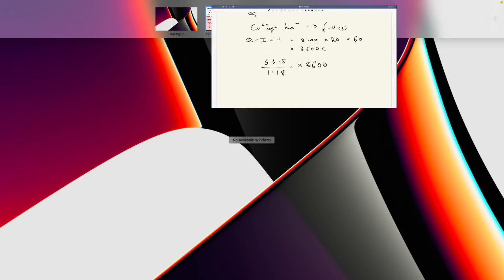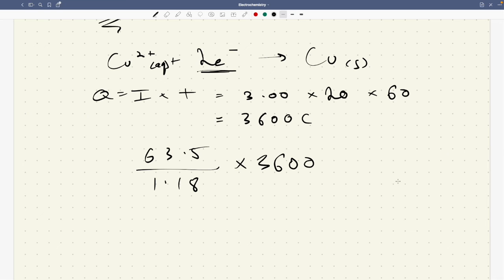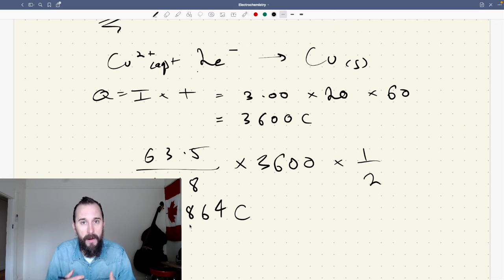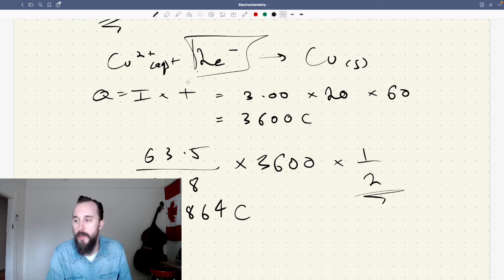So in this instance, we've removed 2 electrons. So we've got to multiply that by half to get our mole of copper. So look, we plug all this in, we end up with a value of 96,864. I'll just keep all those figures there, which is looking pretty close to 1 Faraday of charge, because that's what we're calculating, the charge on one mole of electrons, which is why we multiplied it by 1/2, because our value up there was for 2 electrons.